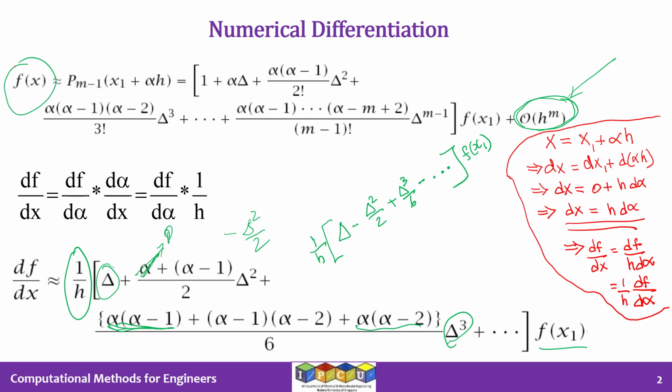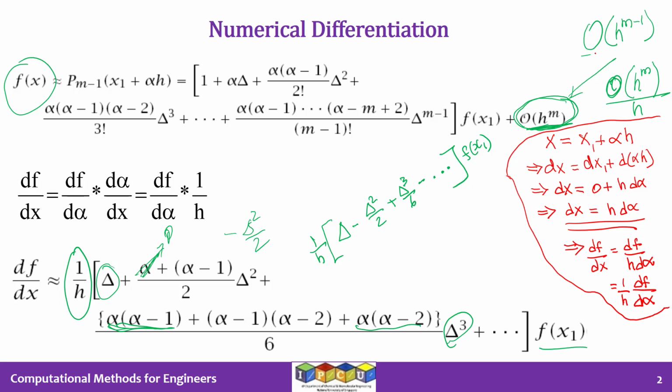Now when you go to df by dx, not only do the terms inside the square brackets get multiplied by 1 by h, the residual term should also get multiplied by 1 by h. Therefore, you're going to have the residual error for df by dx to be of the order of h to the power of m by h. This means it will be of the order of h to the power of m minus 1.